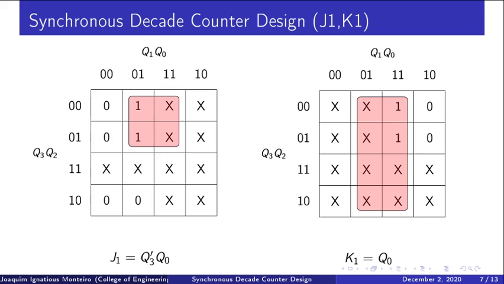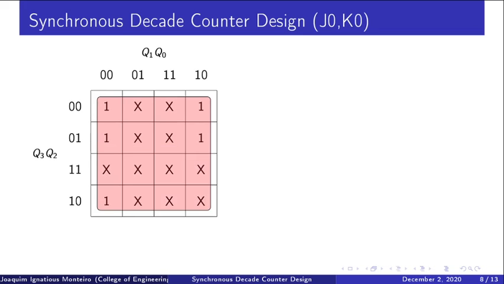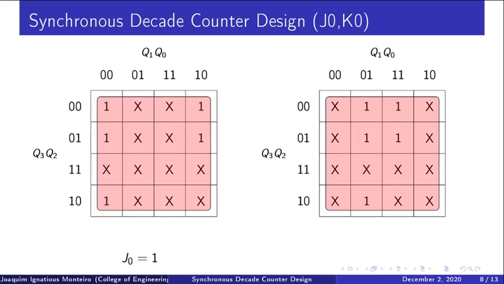Again, same as the earlier case. K3 and K1 both are Q0. And finally, for the J0, K0 inputs, this is 1 and K0 is also 1, right?